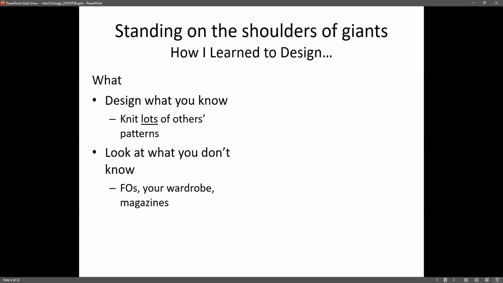You don't see garments constructed like that in the stores very often. It's not because the technology doesn't exist. The technology 100% exists to make garments seamlessly. But think about why we might do it one way versus the other.